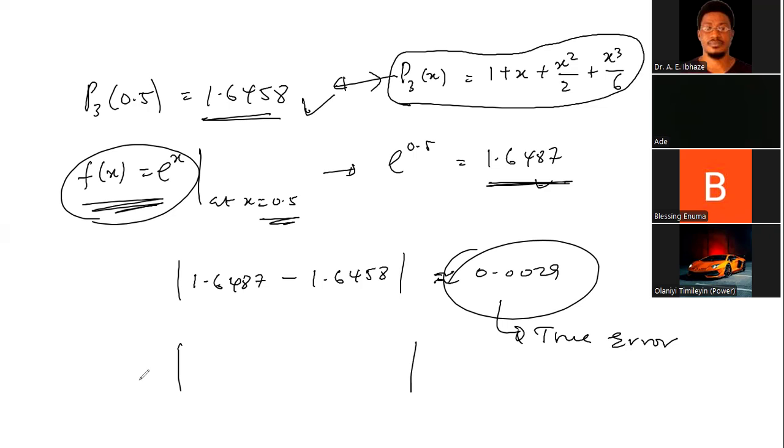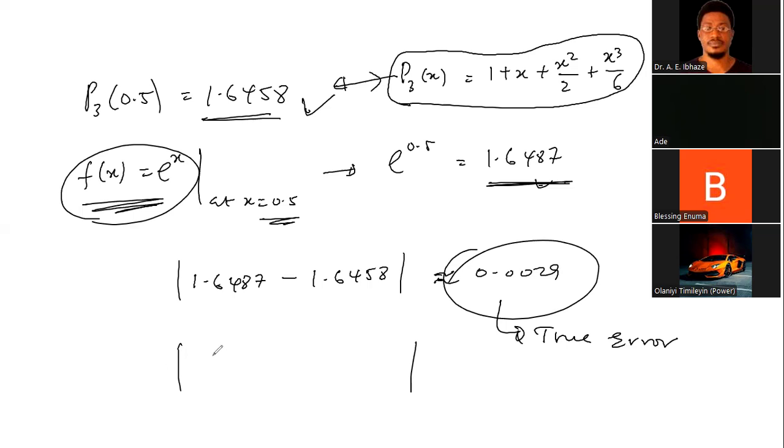At what point do we say, because now we have 0.0029 and you say it's a true error, is there a limit to the true error we can have? Or it could be any value? Okay, perfect. That's a good question.